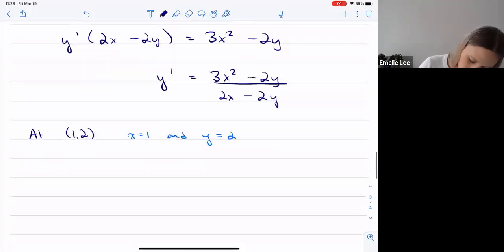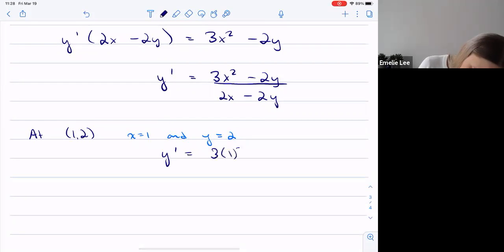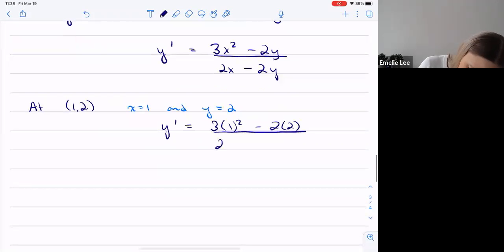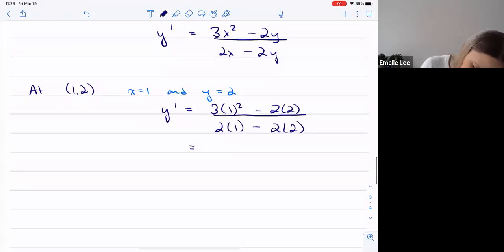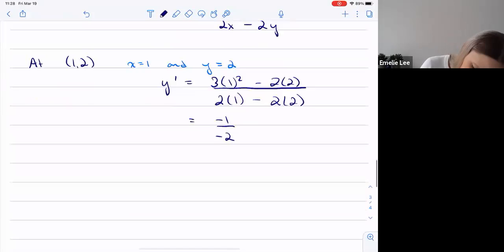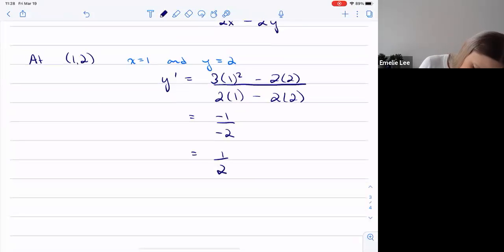So then y prime is 3 times 1 squared minus 2 times 2 over 2 times 1 minus 2 times 2. 3 minus 4 makes -1, and then 2 minus 4 makes -2. So -1 over -2 puts me at 1/2.